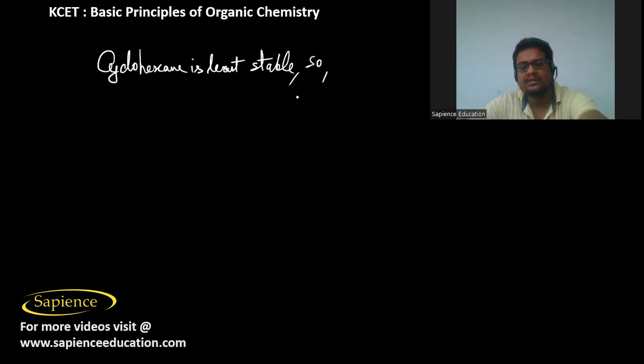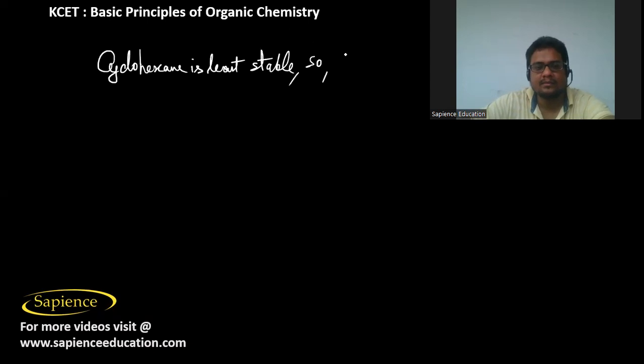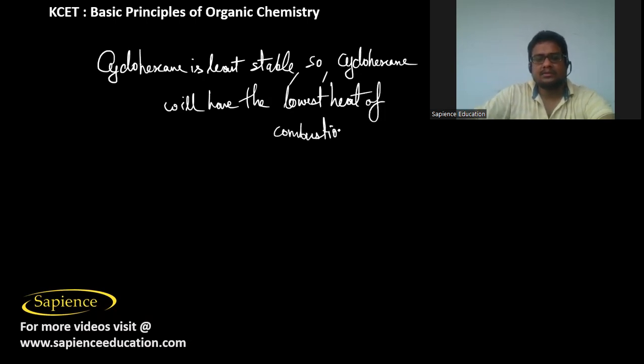So for cyclohexane only, it will have the lowest heat of combustion per CH2 group.